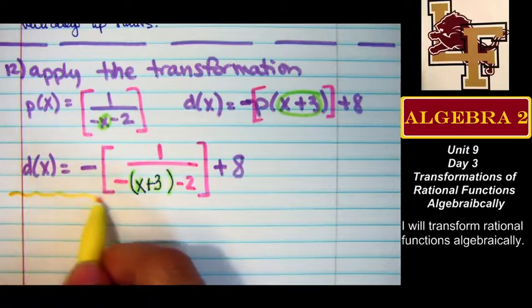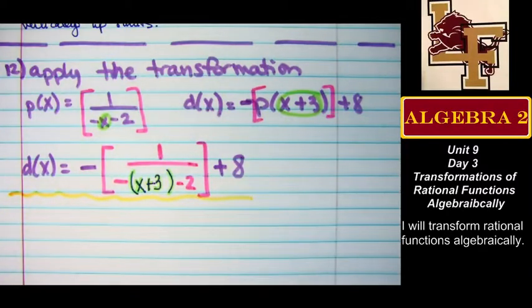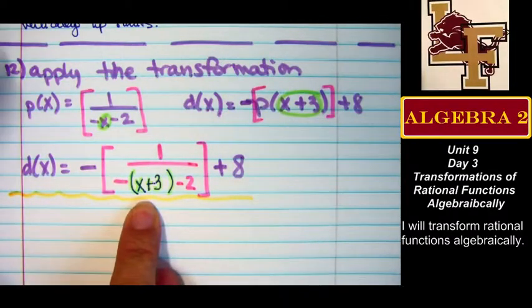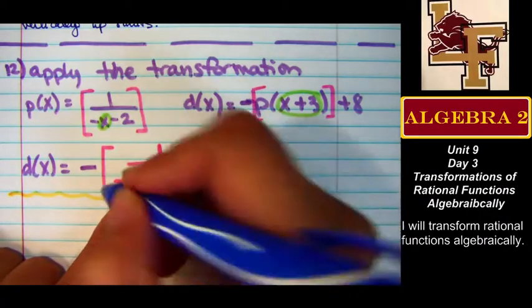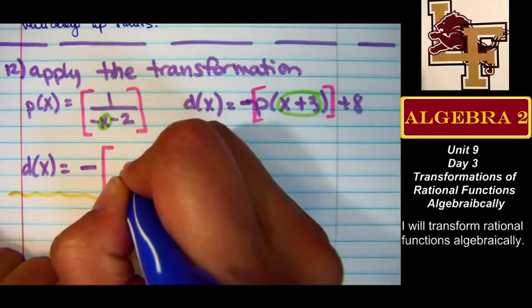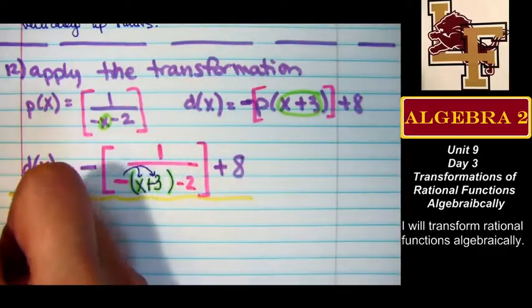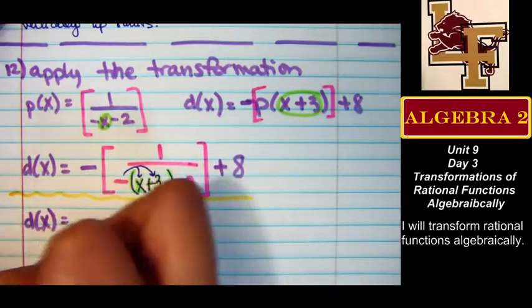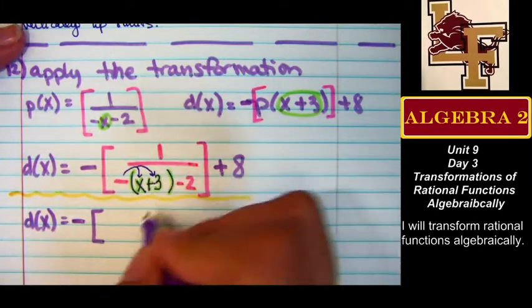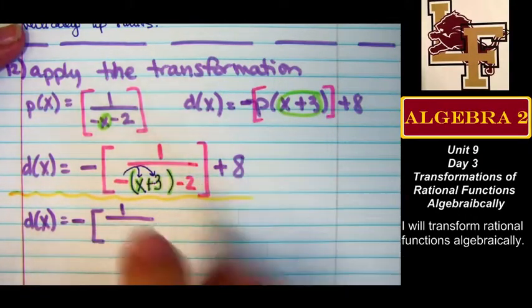First thing to do is we're going to look at the very innermost parentheses. That's this one right here. And I'm going to distribute this negative sign right here. So that's going to be the first change I'm going to make. Everything else I'm going to write and keep exactly the same. We're just going to see the little change right here.